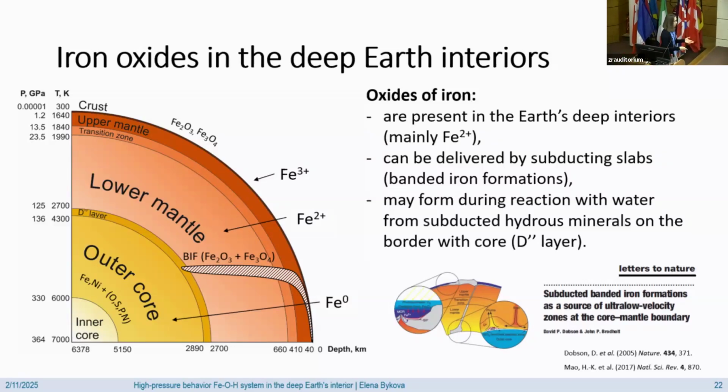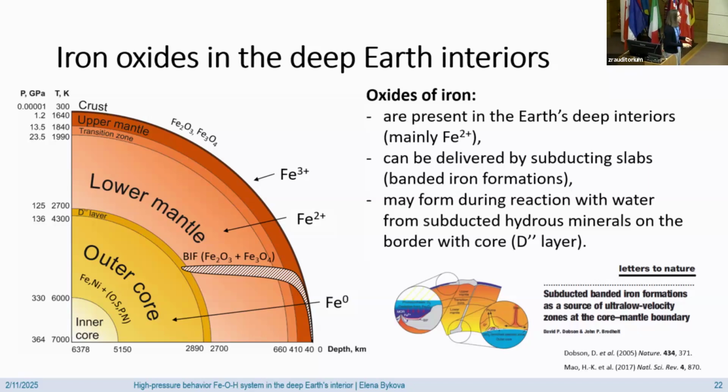And there are some slabs that contain quite a lot of iron, the so-called banded iron formations. That's the main source of iron for our civilization. That's basically iron oxides sandwiched between SiO2 layers. And they can indeed be subducted into the interiors and even reach the core-mantle boundary.